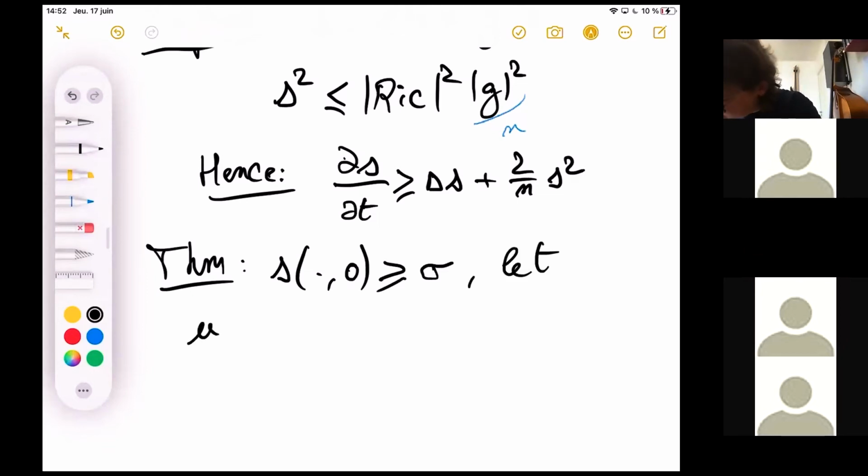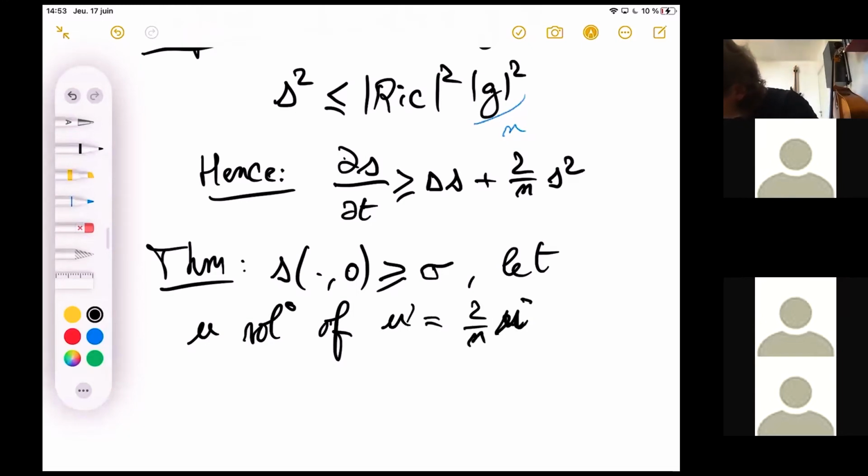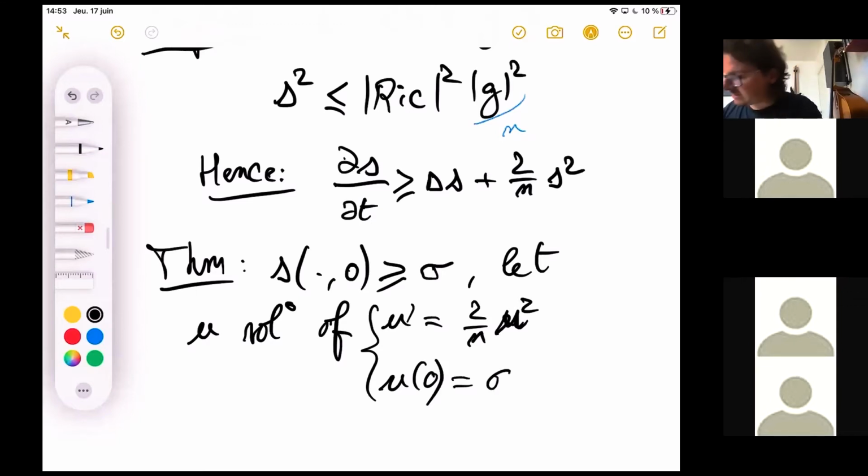And let U be the solution of the ODE you would get if you got rid of the Laplacian. So U prime equals 2 over n times U squared, which starts at that lower bound.